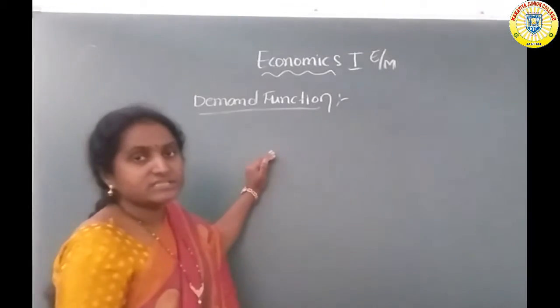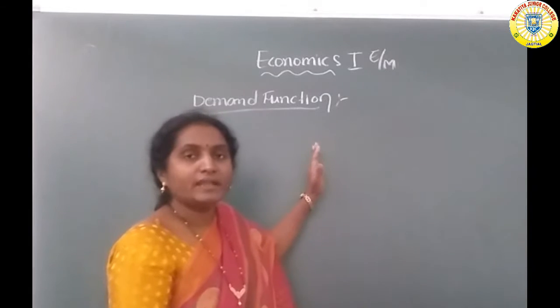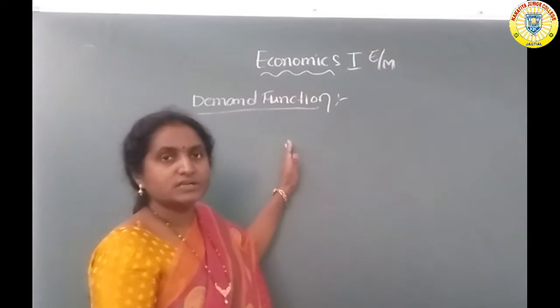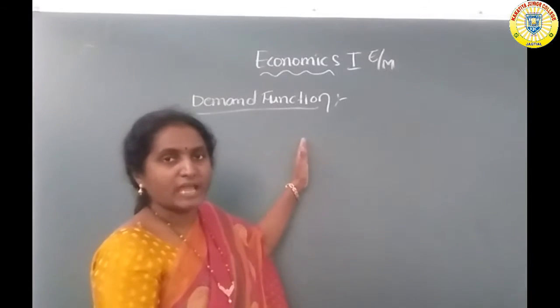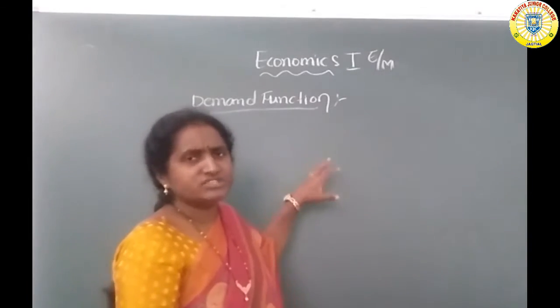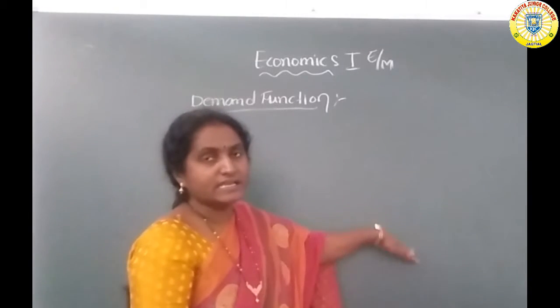In this situation, some factors influence the total demand for particular commodities. Sometimes the price increases, sometimes the price level decreases. So in different situations, demand also sometimes increases and sometimes decreases.